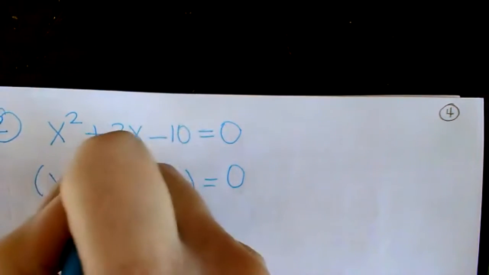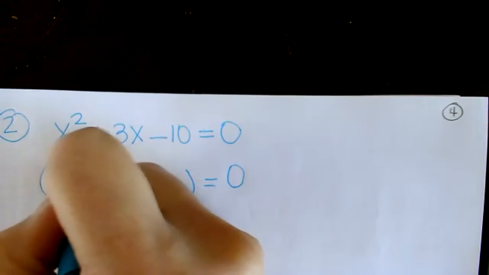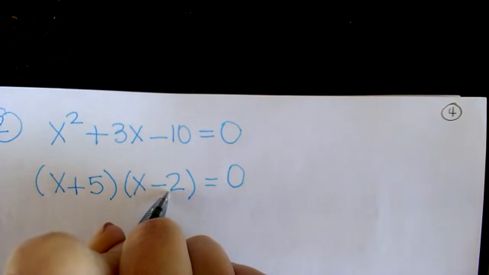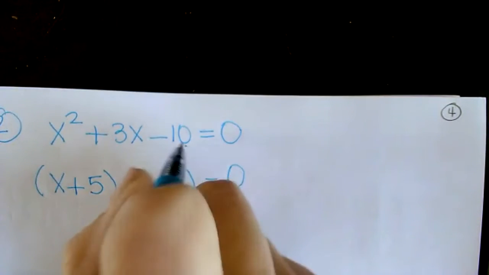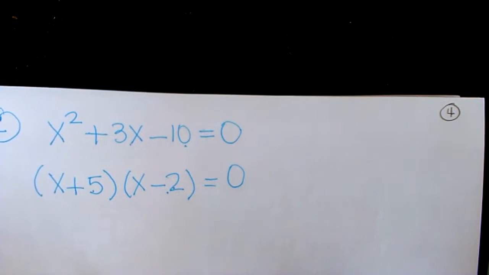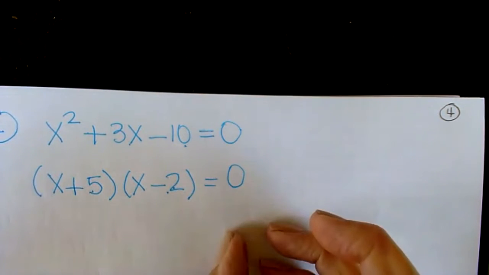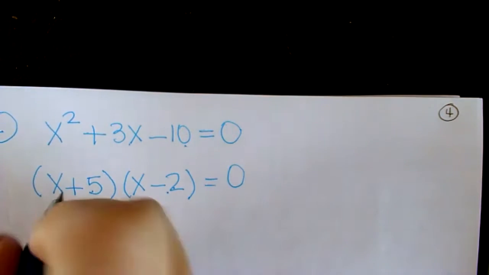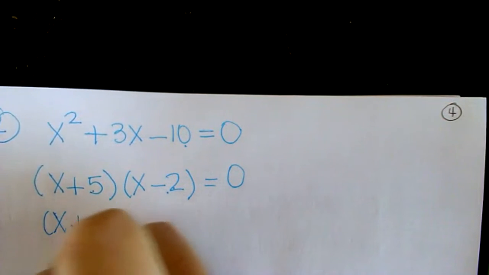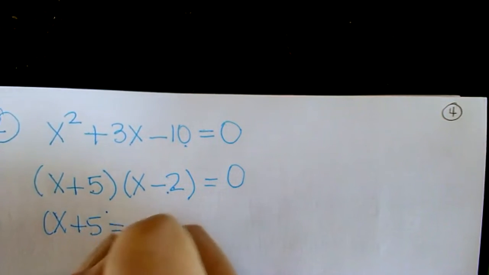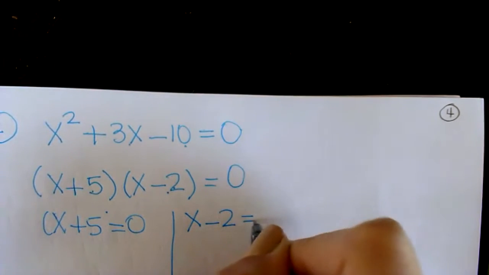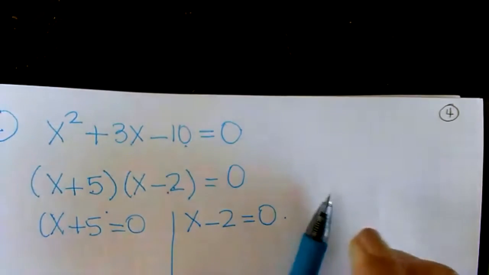The 5 is positive. Let me try it. So 5 positive and 2 negative times, it will be negative 10. And 5 minus 2 is 3. Good job. So now what do they say? Apply the zero factor property, which says x plus 5 equal to 0 and x minus 2 equal to 0. Right?